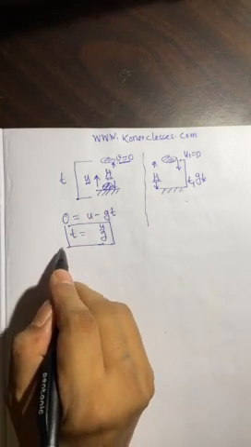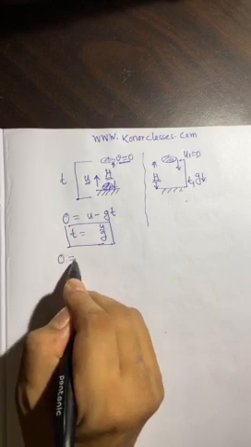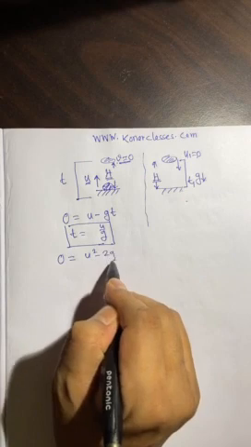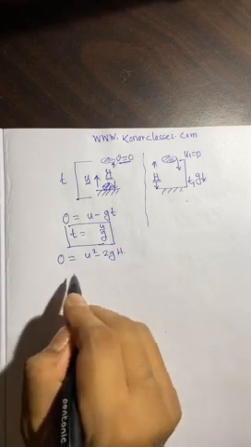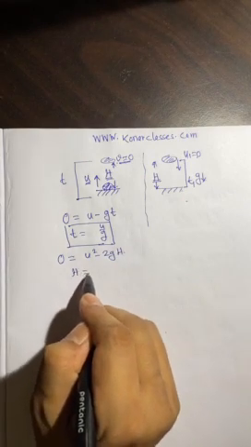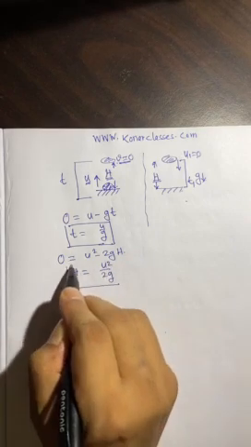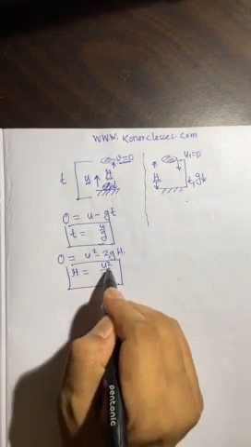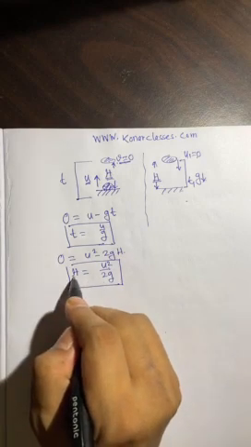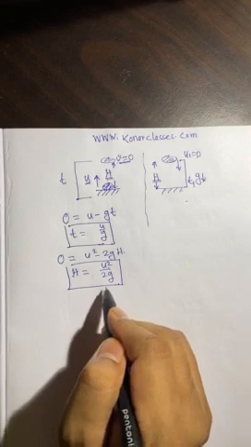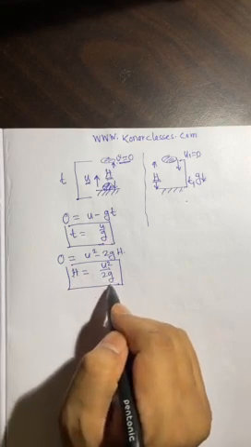Another situation we can consider: v square, which is 0 here, equals u square minus 2gh, where h is the maximum height. So h will be u square by 2g. So if in any problem the initial velocity is given, we can easily find the maximum height attained by the particle: h equals u square by 2g.